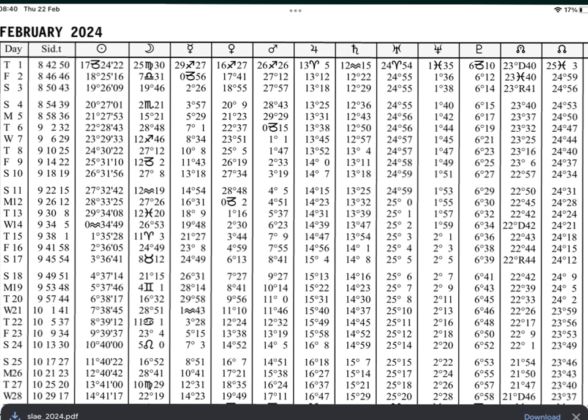So you see, everybody, in truth, the mean node is showing you the flow of your karmas, and the true node is simply an elaboration, a different way to see this phenomenon, because it is the observed position. Observed position means it's an astronomical factor, a little wobble, a little oscillation of this point.